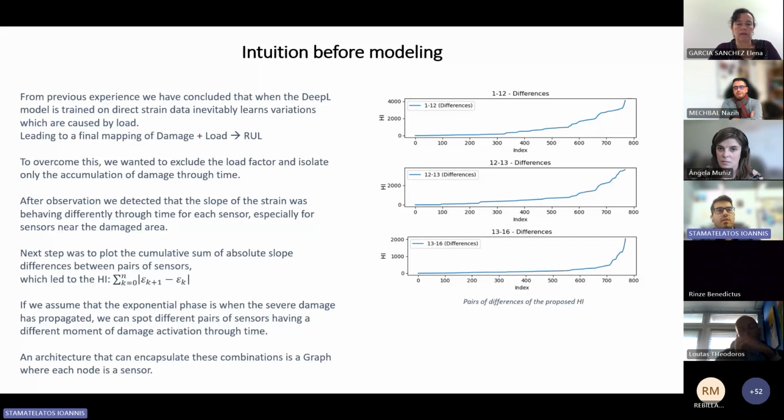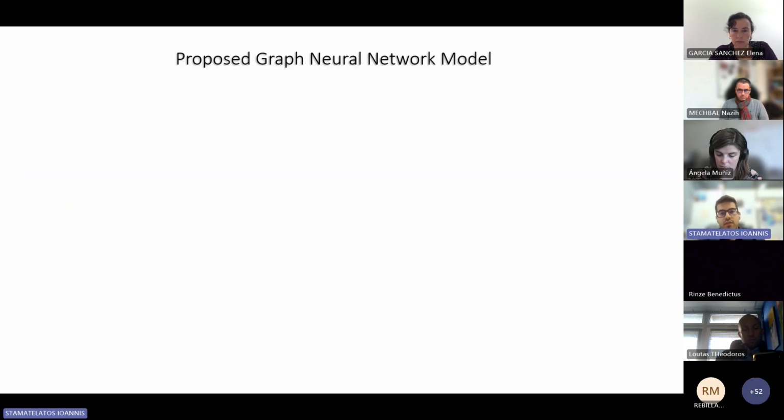Because if we just put every pair of sensors as a feature in a big tensor to fit the neural network, we will exclude some internal information that could be transferred between different pairs of sensors. So we had to think of something different. And this architecture, this model, the graph neural network, is appropriate for such modeling.